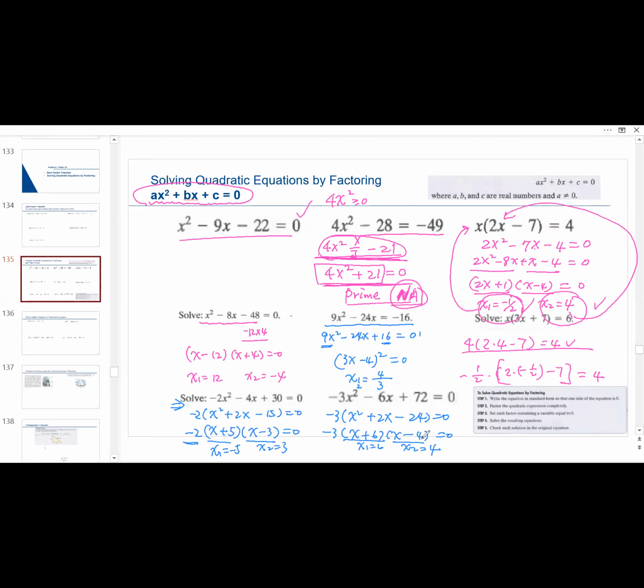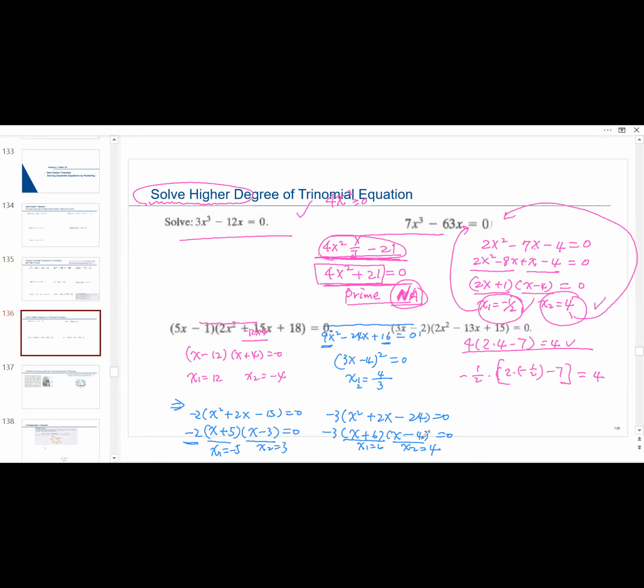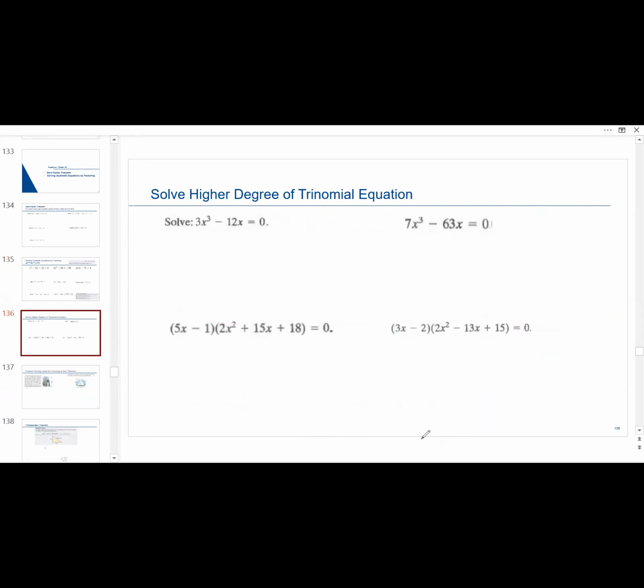All right, let's take 2 more examples. Actually, it's the same process as what we did earlier. See this one. If they are higher degrees over 2, just make sure you factor them completely, like this one.